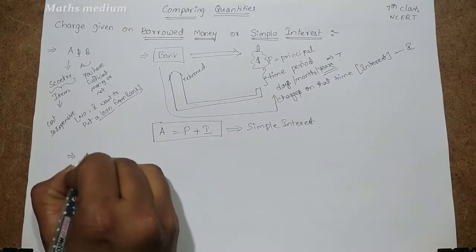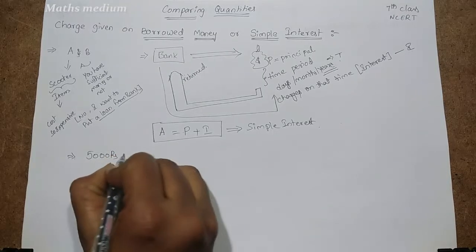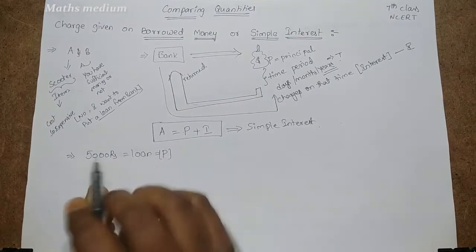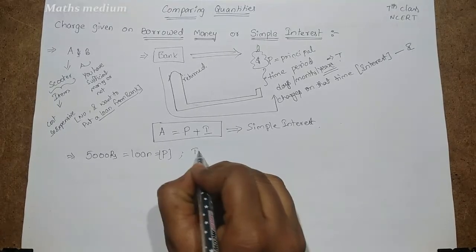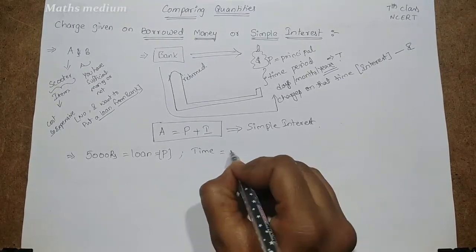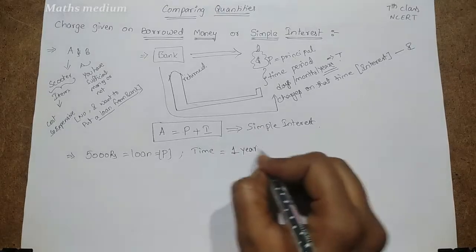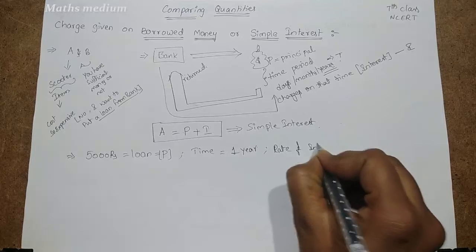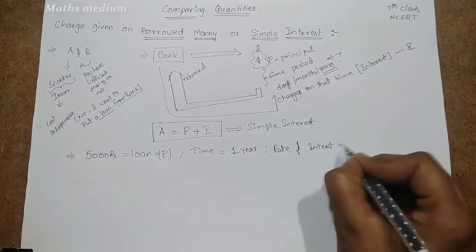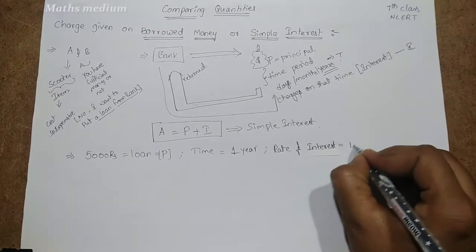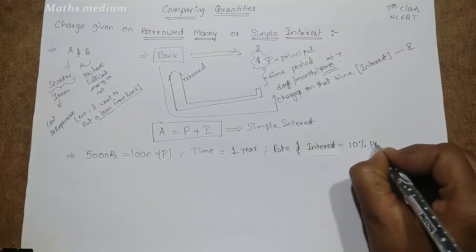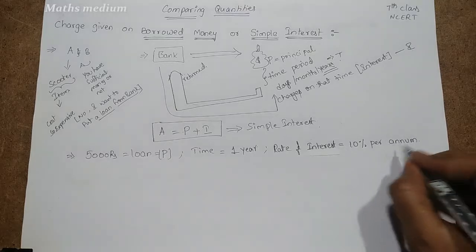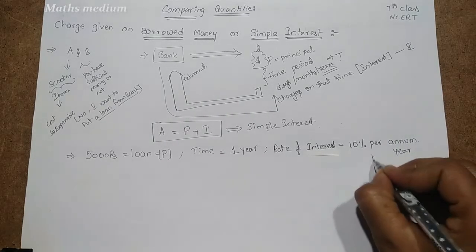For example, 5,000 rupees is the loan, that is P, the principal amount. And the time is 1 year. Now the rate of interest is 10% per annum. Annum means year, that means per year.